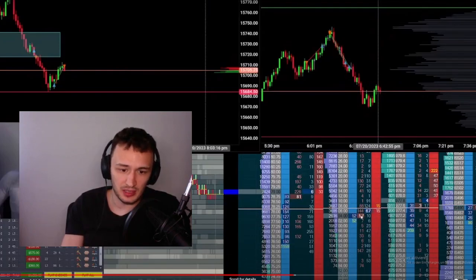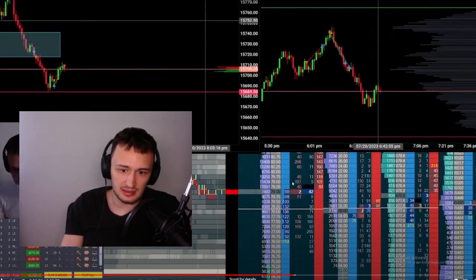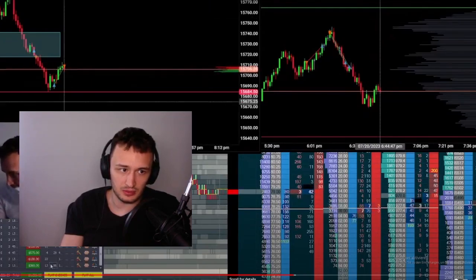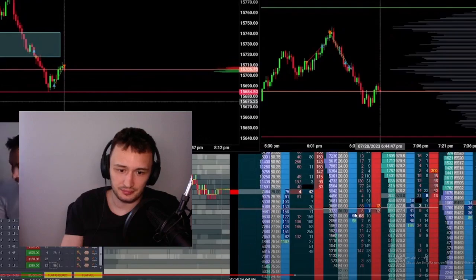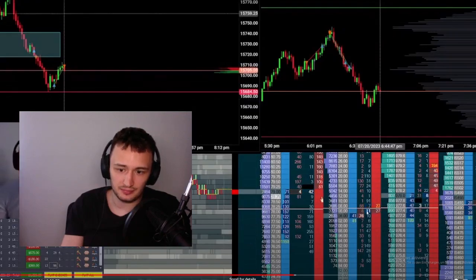Without much back taking. So this probably means ES isn't breaking 80 if the NQ pulls back here as well.